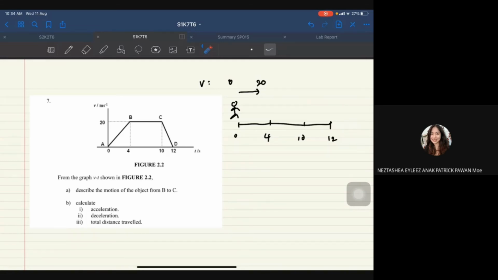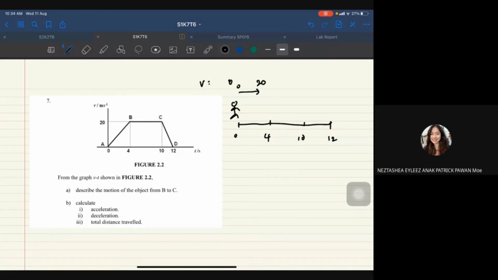So, here you can see, from 0 to 4 second, their velocity increases. Initially velocity 0, and it increases up until 20. Then from 4 to 10 second, you have to be careful a little bit because this is a velocity against time graph. It means that this object is still moving but at a constant velocity, which is 20.